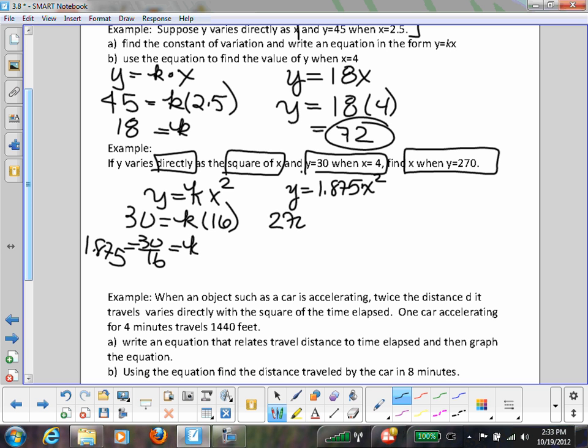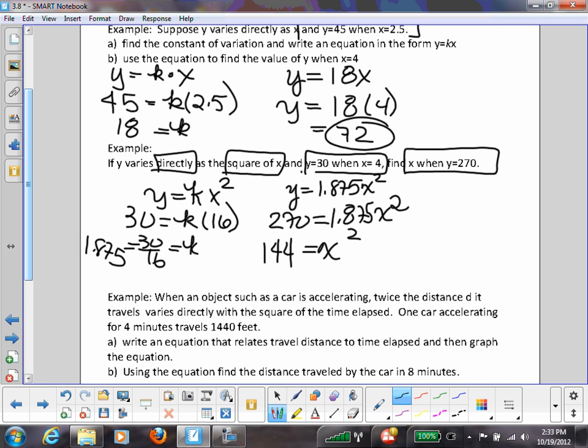If y is 270, 1.875 x squared is what I have left. So I divide by 1.875, and what does x squared equal? Now I'm going to ask you very carefully to think about this, because here's another place where you'll make a mistake.